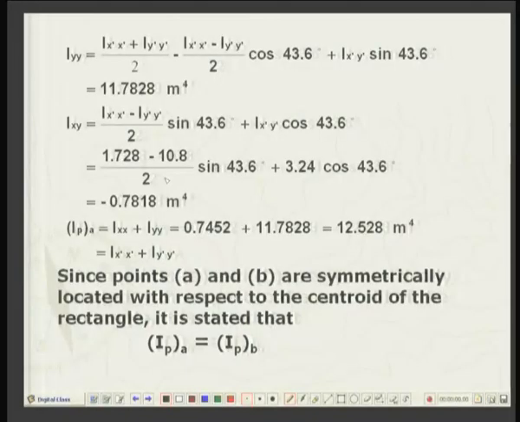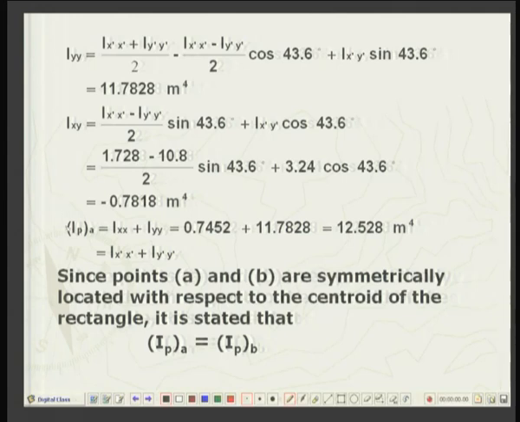Now, we want to find out the polar moment of area. The polar moment of area, recalling from last lecture, is the sum of the two second moments of area, that is Ixx plus Iyy.